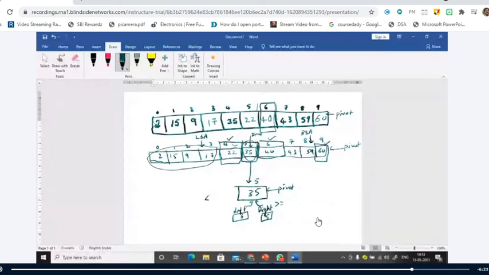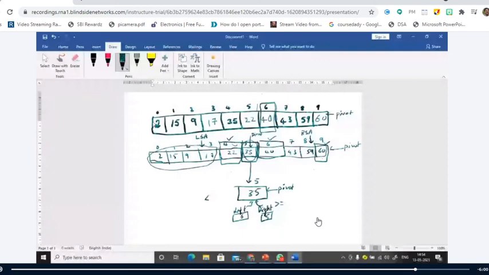So can you apply the quicksort algorithm for the remaining subarrays, that is 2, 5, 9 and 17, and 43 and 59? You have to apply it recursively so that you will get the sorted list of elements. So this is how you apply the quicksort and you implement the quicksort. Is it clear?